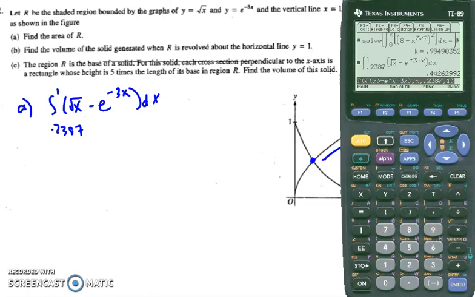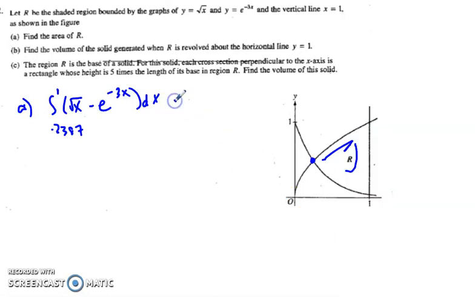Let's see what we get. I got 0.4426, which rounds to 0.443. So for full credit on the AP exam, you will have to put in your complete setup, including your limits of integration, and the answer.